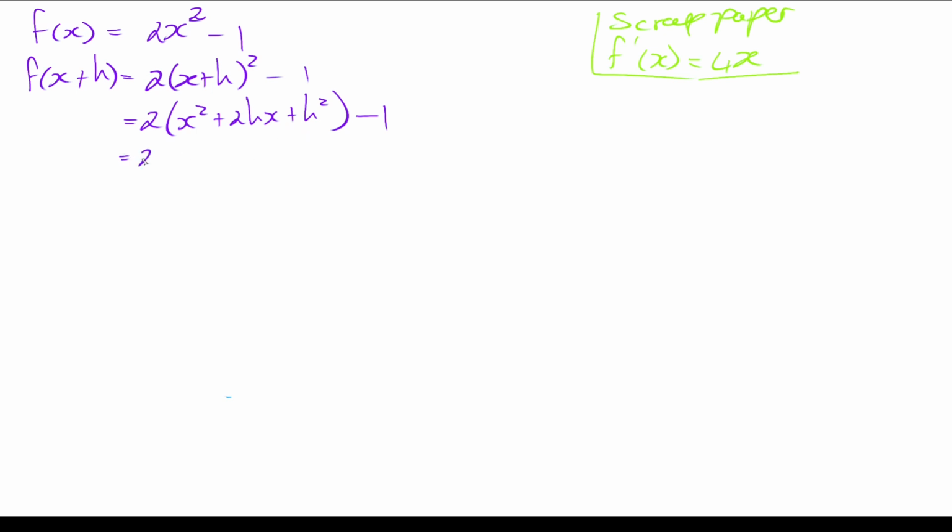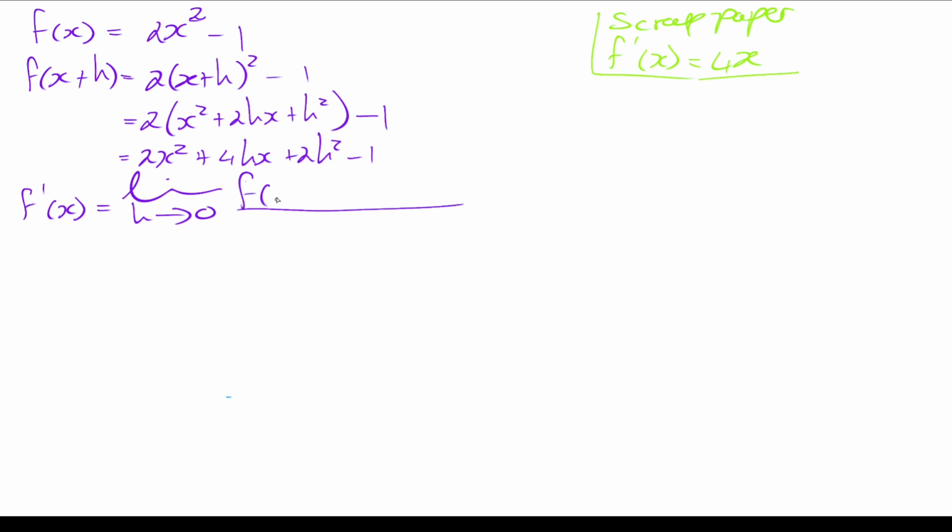Anyway, moving on, we have 2x squared plus 4hx plus 2h squared minus 1. Now I use my formula. f prime of x equals the limit as h tends to 0 of f of x plus h minus f of x over h. I'm wondering if you guys have to write the formula every time.